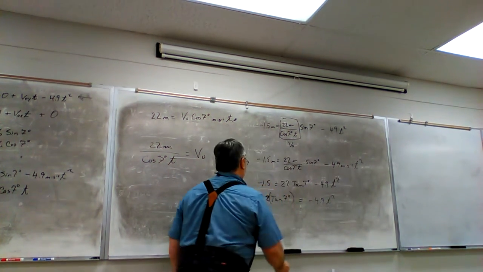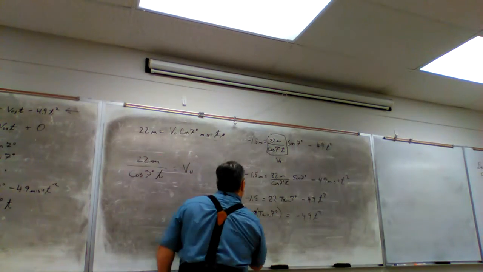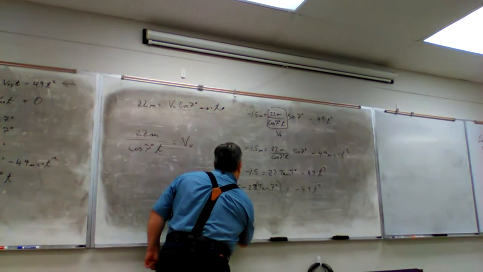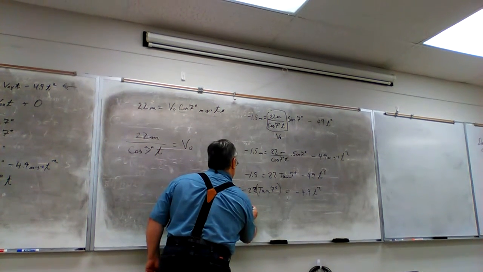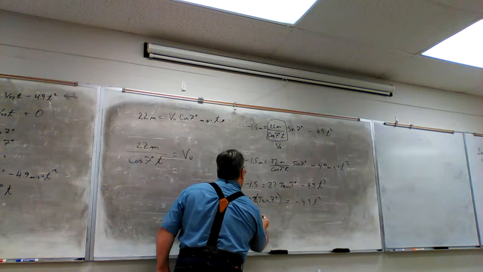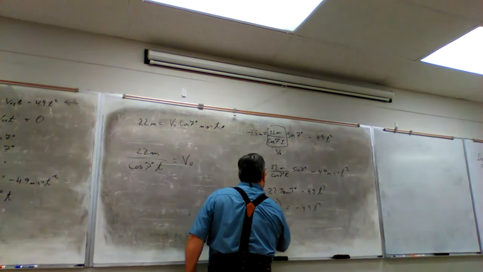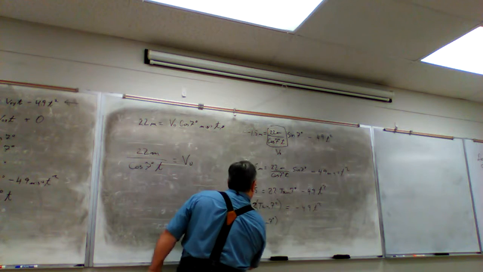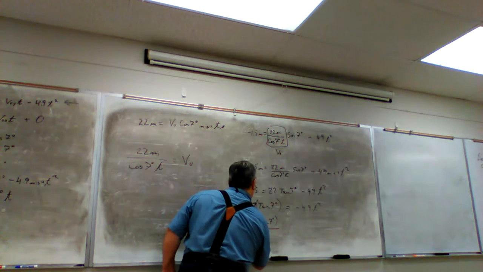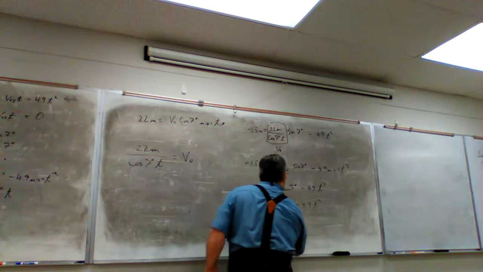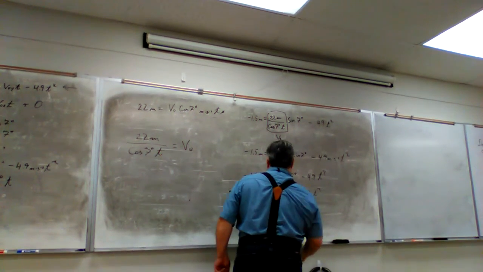So we divide both sides by negative 4.9 and we get minus 1.5 minus 22 times tangent of 7 degrees divided by negative 4.9 is equal to t squared.